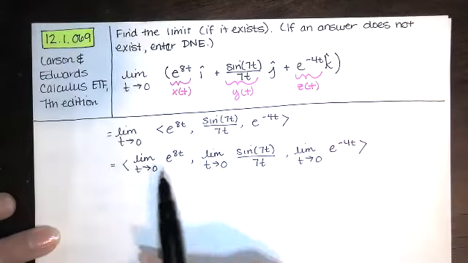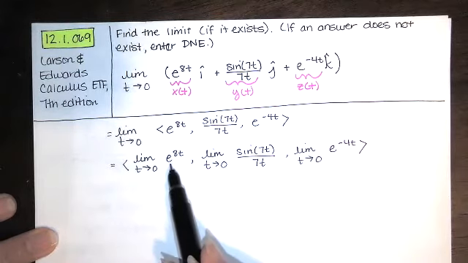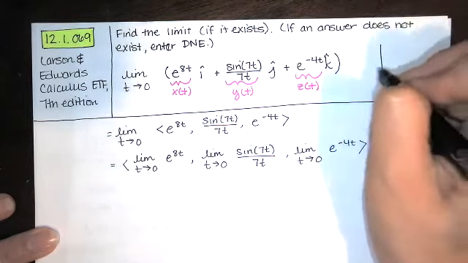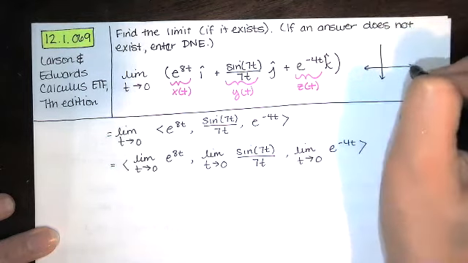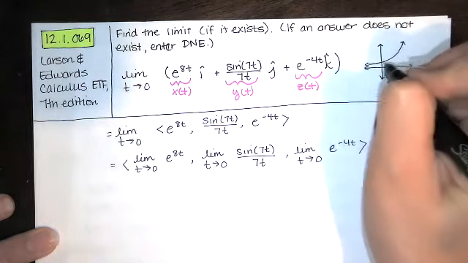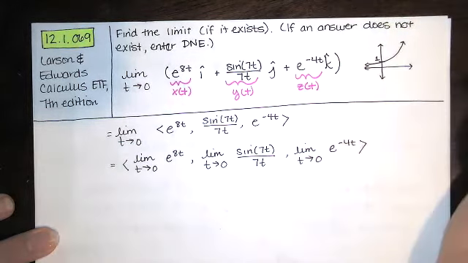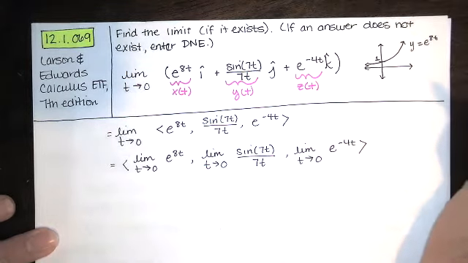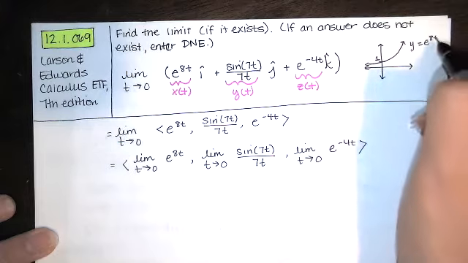Well, when I'm taking this limit, I've got the limit as t approaches 0 of e to the 8t. Now, it's been a while since pre-calculus or college algebra. E to the 8t looks like this. When t equals 0, e to the 8t is 1. It looks just like the e to the t graph, but it's changed a little bit by that factor of 8 inside.